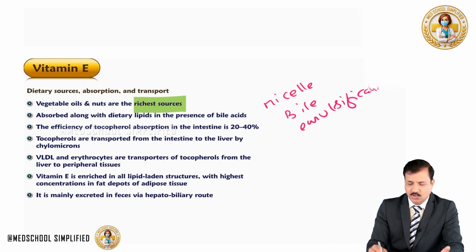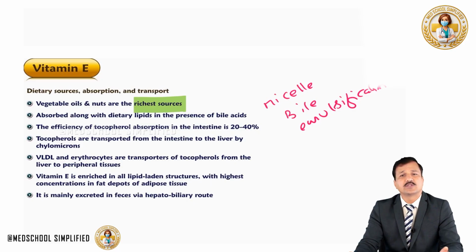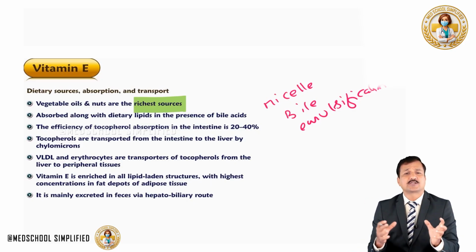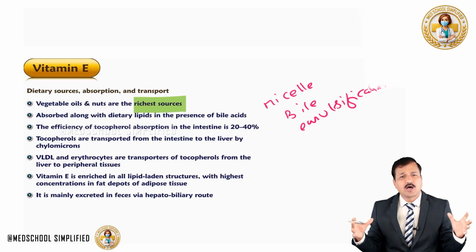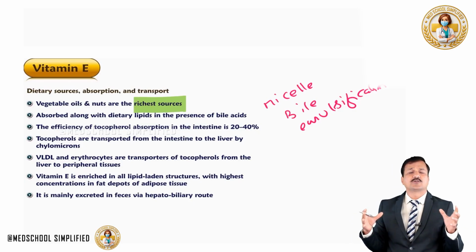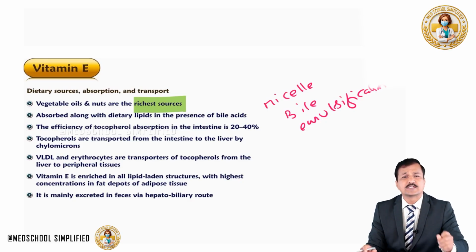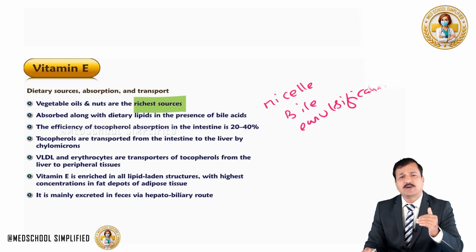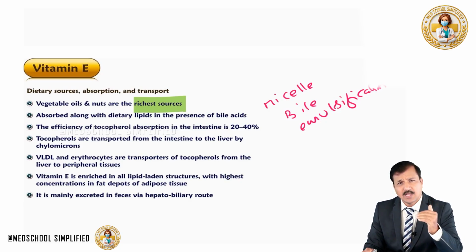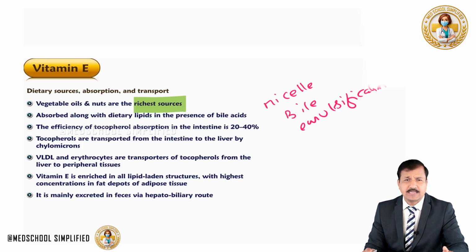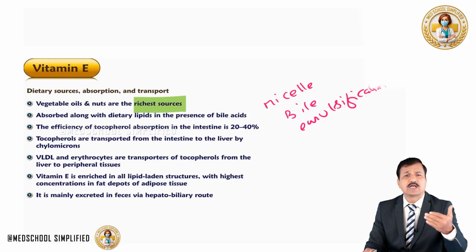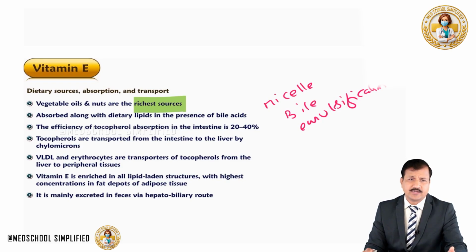Emulsification is the coating of bile acids with the lipids and contraction of the intestine, where the large lipid molecule is broken down into simple lipid coated with bile acids, which we call micelles. So the presence of bile acids and the emulsification process helps in the absorption of vitamin E along with other fat soluble vitamins and dietary lipids from our intestine.